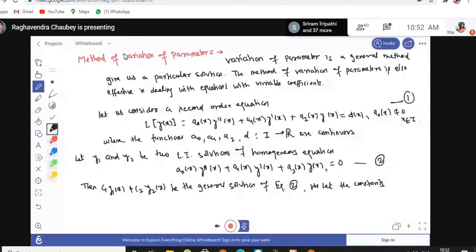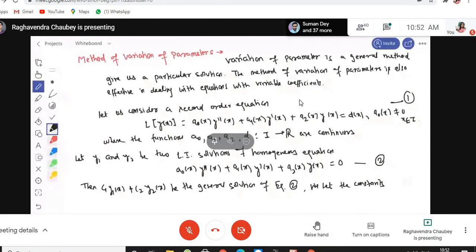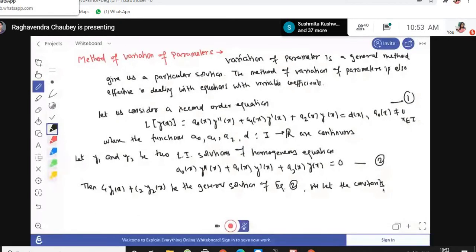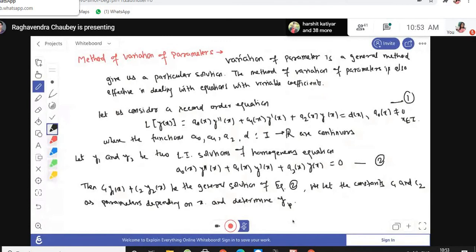So if we assume that these two constants, that is C1 and C2, are parameters which depend on x, here we have to determine the particular integral, that is yp.